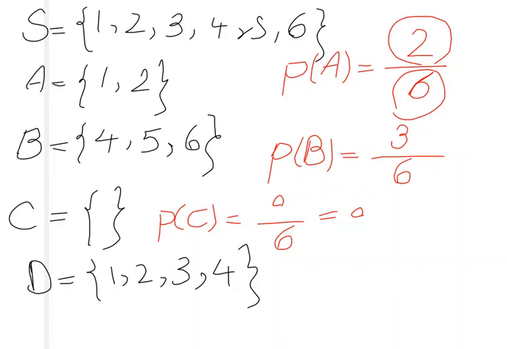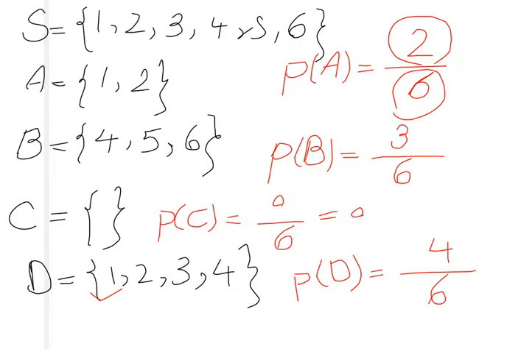But here, the number of simple events in D, or outcomes in D, over the number of outcomes in S.